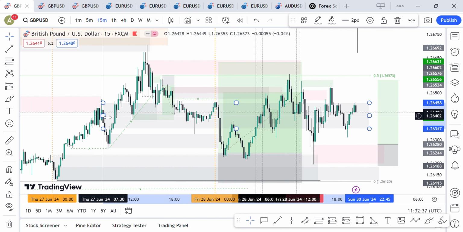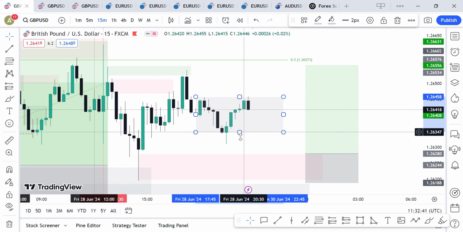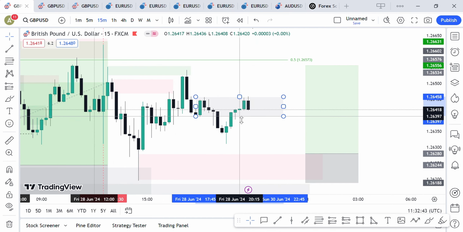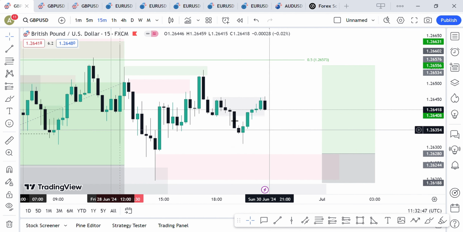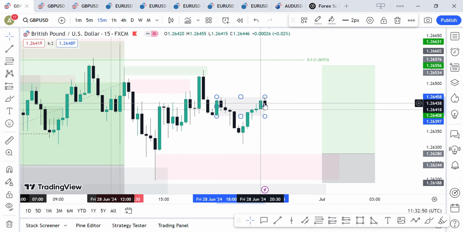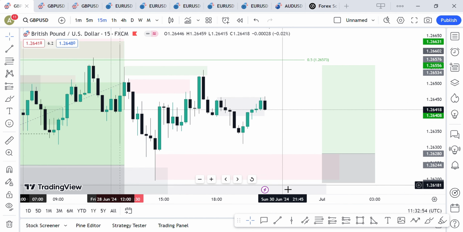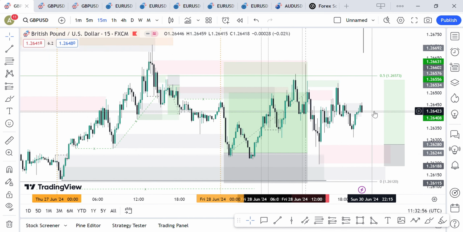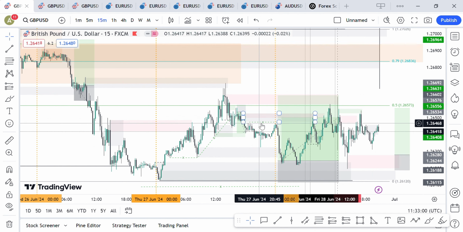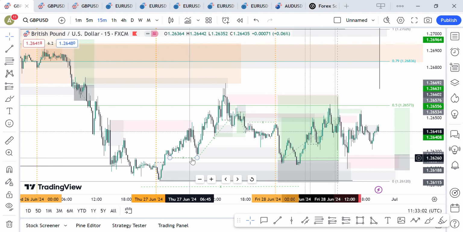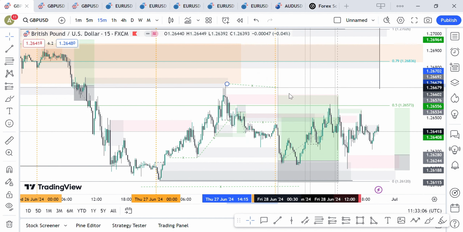So we have this flip zone right here, but that flip zone for me, I think it will just act like liquidity coming into next week. So maybe if price chooses to come down lower, then maybe it will shoot up from there, because all this up here is liquidity.